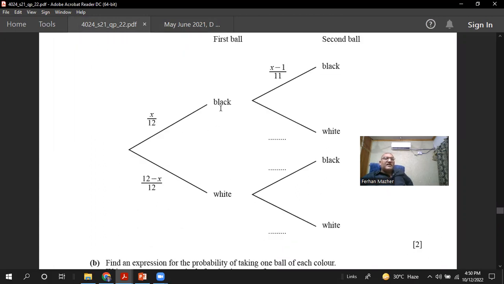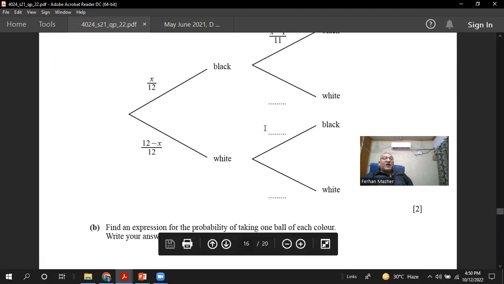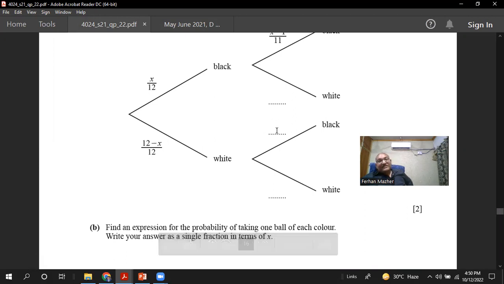If the first ball is black, the chance that the second ball is black is X minus 1 by 11. The second ball will be white with 12 minus X by 11, because the white balls have not been taken out. If the first ball taken out is white, then the chance that the next ball is black is X by 11.